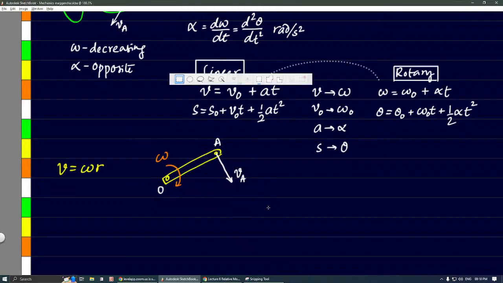So the relation between this velocity and this omega is this. Where r, what is r? R is this distance, from this point to this point.